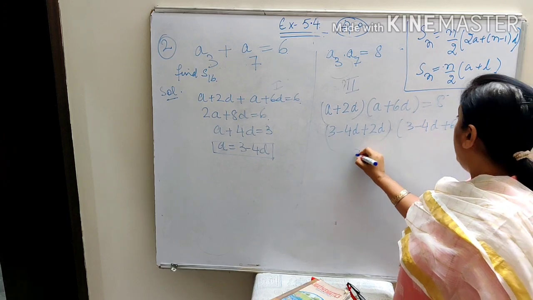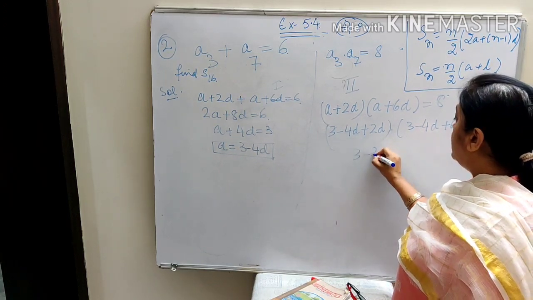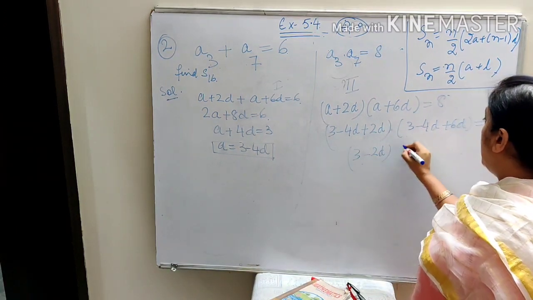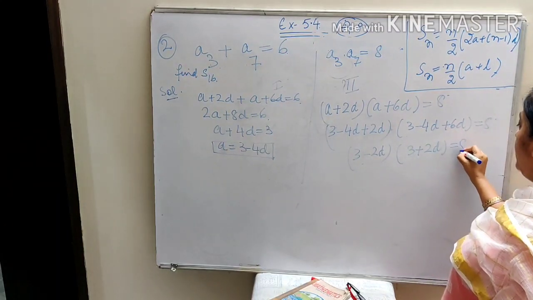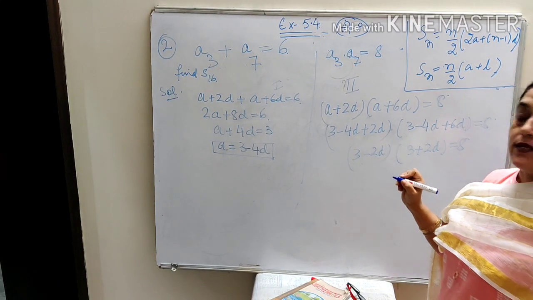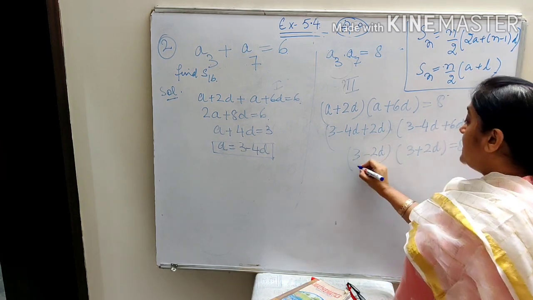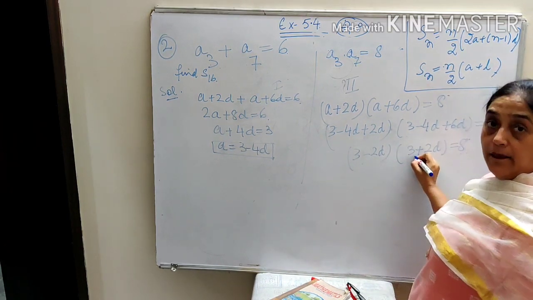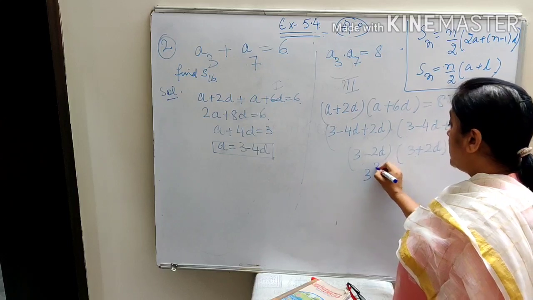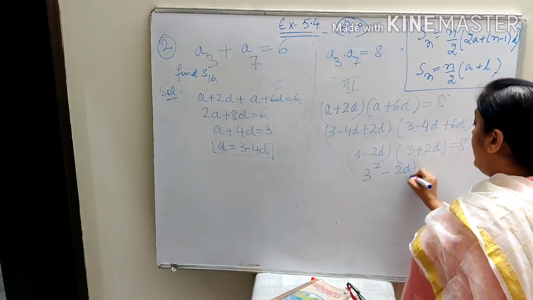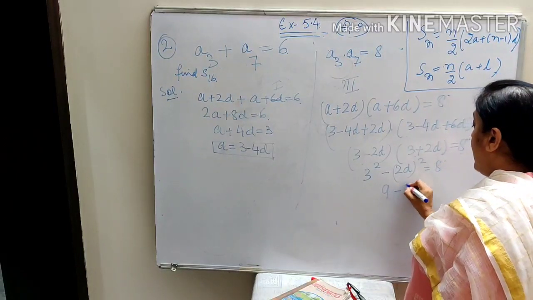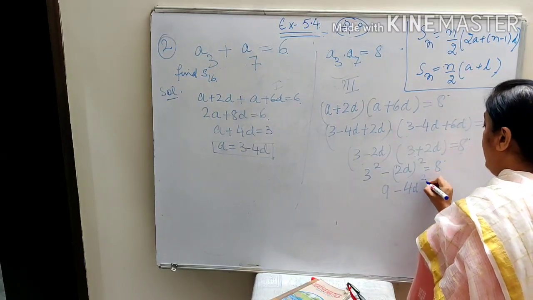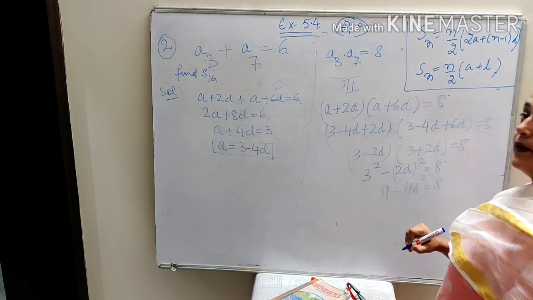Ultimately you got 3 minus 2D, please check it, into 3 plus 2D is equal to 8. This is the best way to do this question. So this is A minus B, A plus B, what will you get? A square minus B square: 9 minus 4D square is equal to 8.